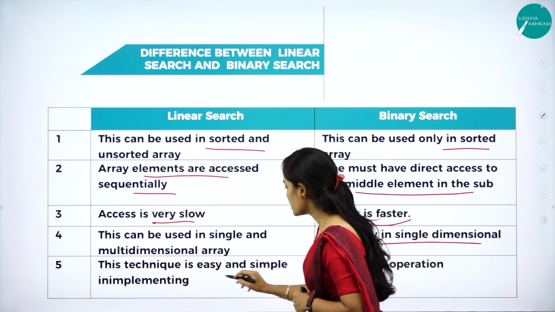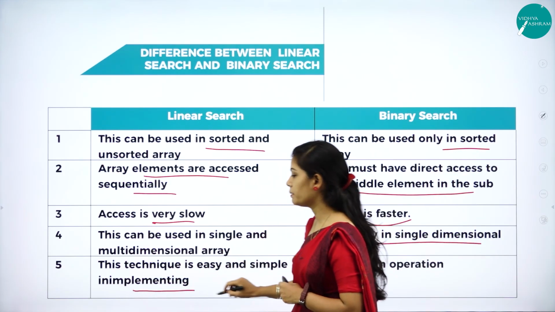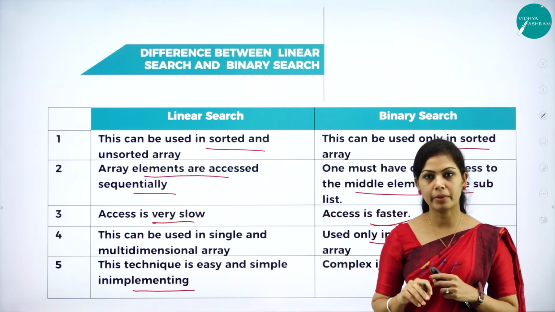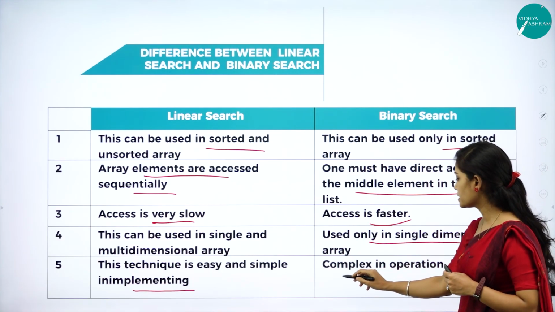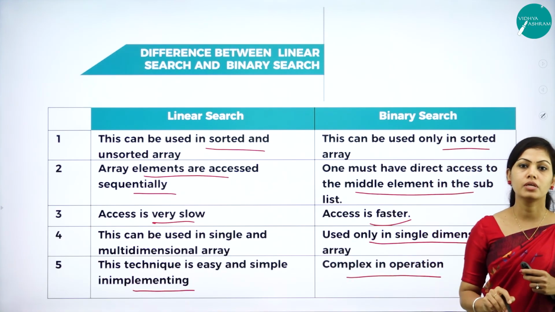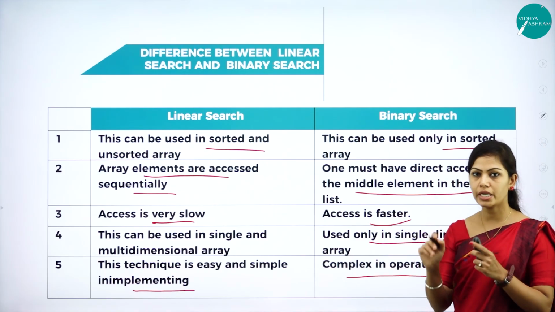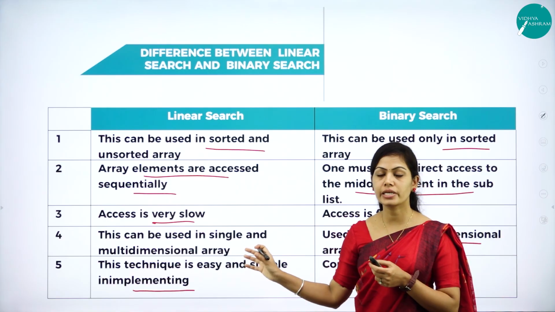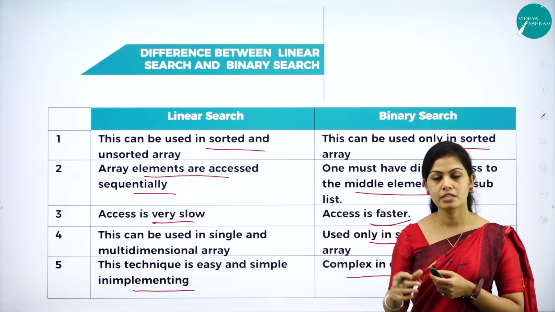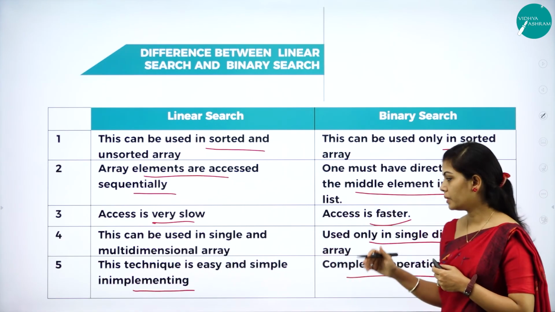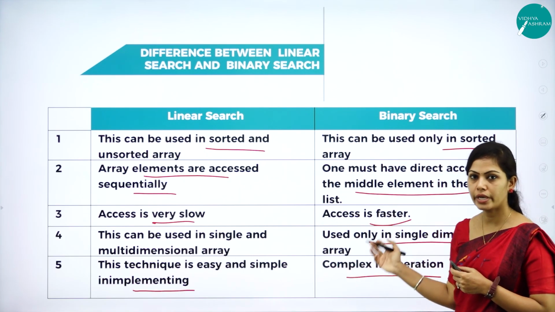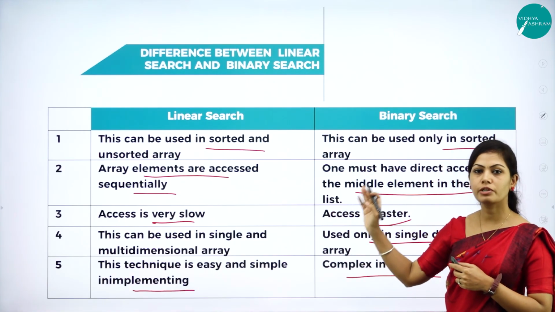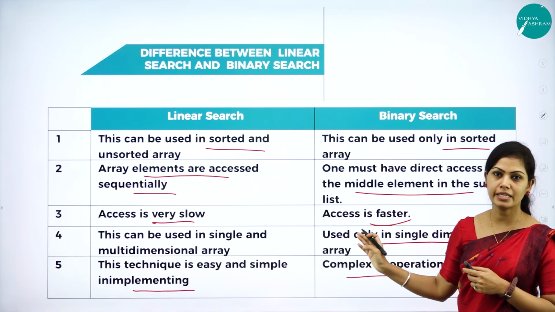And linear search is easy and simple in implementing, but binary search is complex in operation. Binary search operation is very complex compared to linear search. In linear search, we access each element in sequential order, so this is very easy to implement. So these are the differences between linear search and binary search.